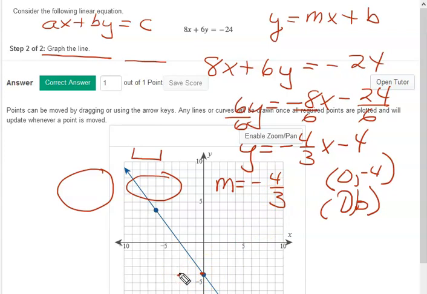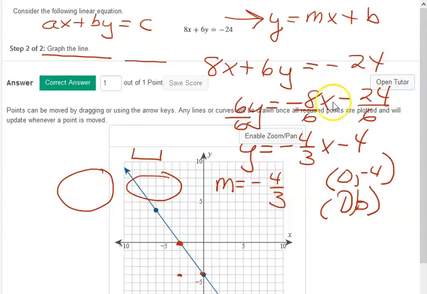Mentally put a dot, and then you go up 4. 1, 2, 3, 4. And lo and behold, that happens to be the x-intercept. So that would be the second point from this. Now, you could have made a t-chart, but again, graphing from the slope-intercept form was one of the skills we're working on. Plot your y-intercept, then plot your slope.